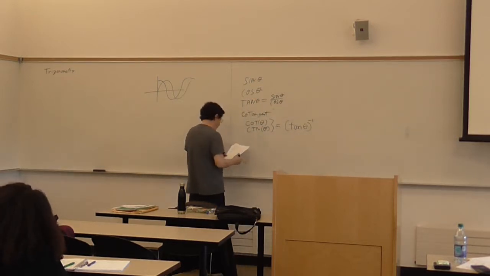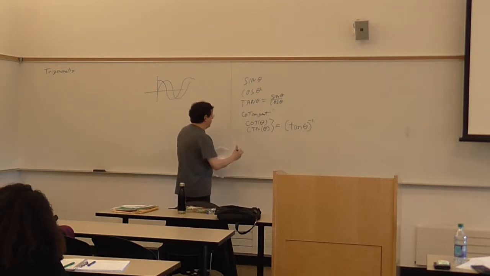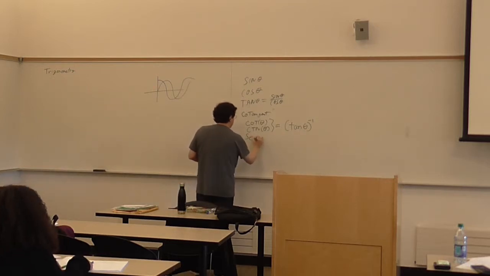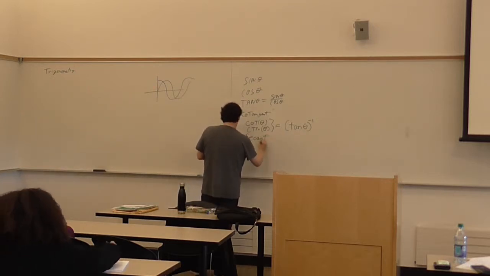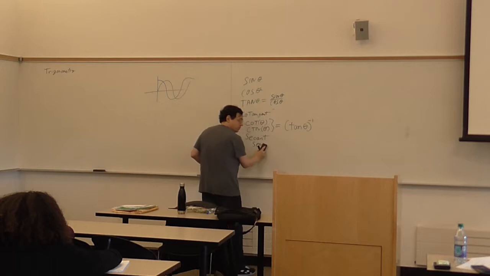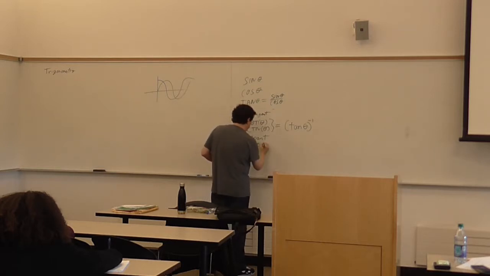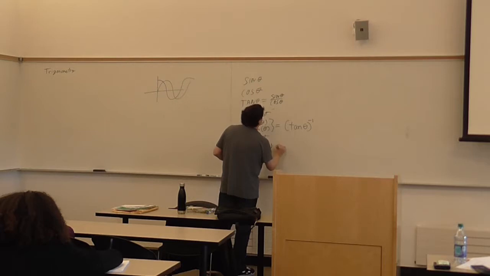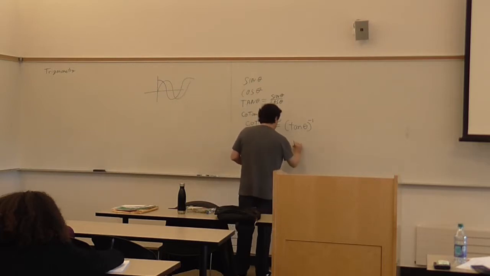And then we have these two other functions, the secant, which we write SEC of theta, which is defined as 1 over the cosine of theta.